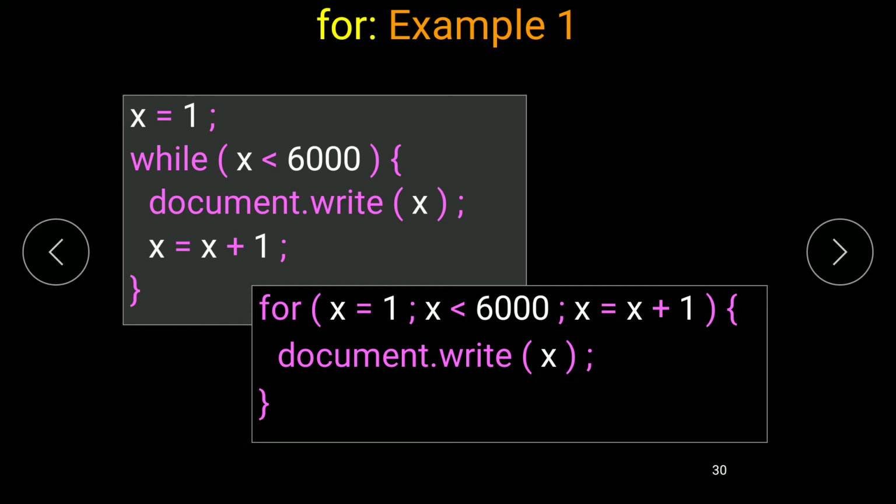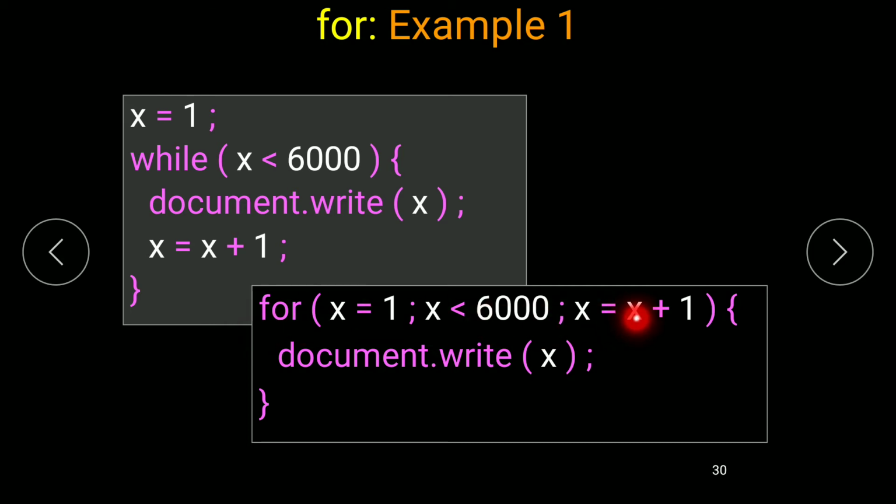These three parts, x equal to 1, x less than or equal to 6000, and x equal to x plus 1, we write in a single statement. That's when we use the for loop. So that is the main difference between the while loop and the for loop.